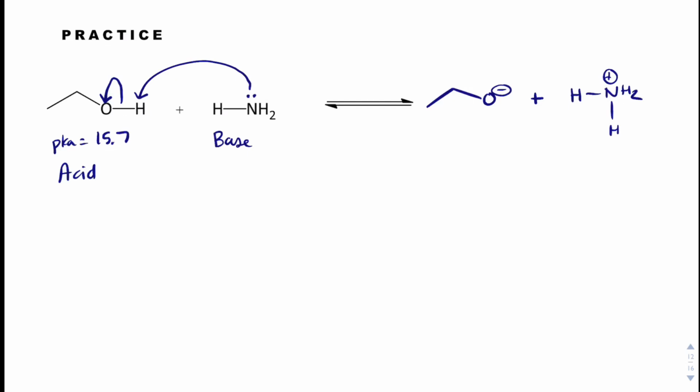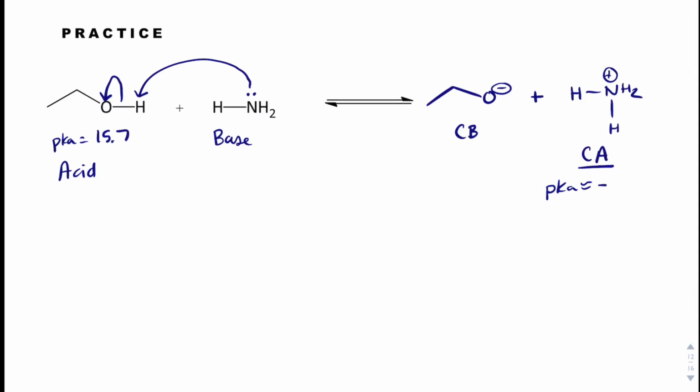Looking at our reaction, if NH3 was our base, this will be our conjugate acid, and this will be our conjugate base. For acids, whether it's conjugate or just your acid, we care about the pKas. We look at the pKa table, and the pKa of ammonium, which is NH4 plus 1, is about 9.